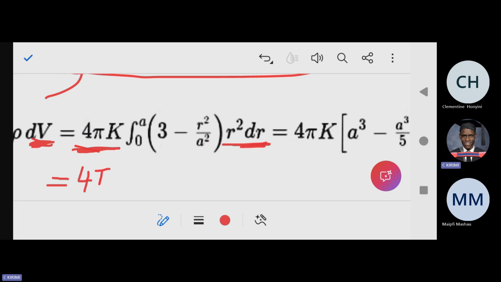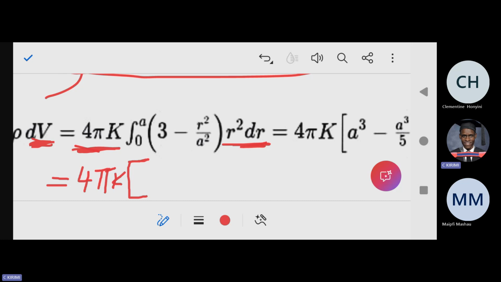Then you put a square bracket to say, I am done with the integral. What is the integral of 3 with respect to r? Integrate. What do you get?